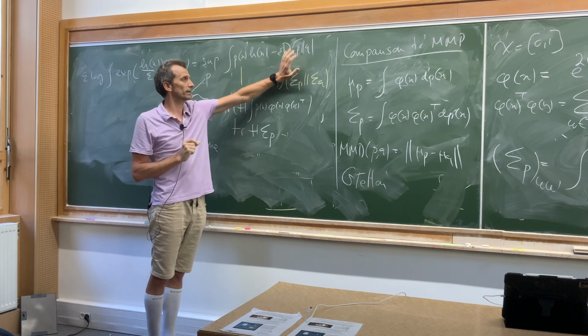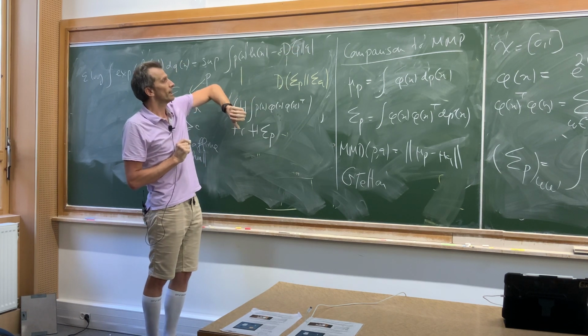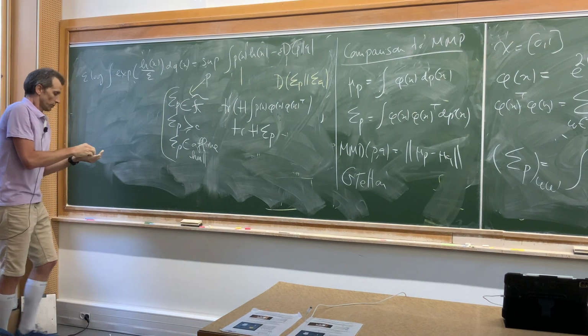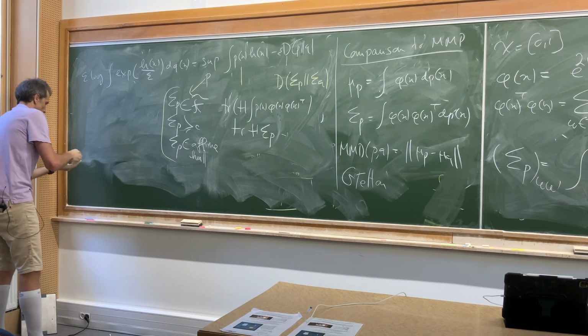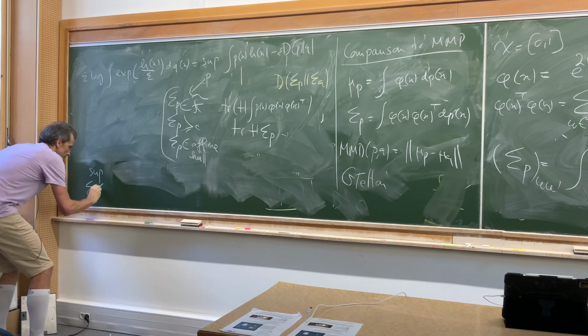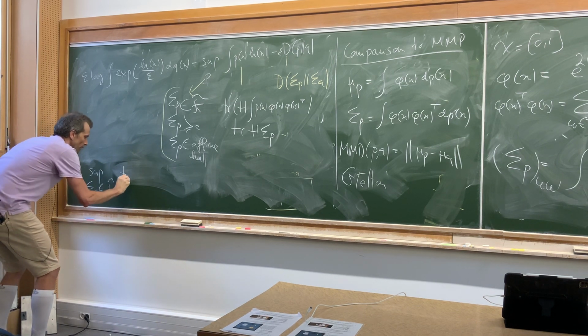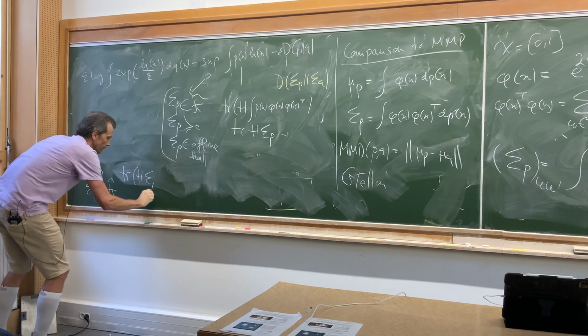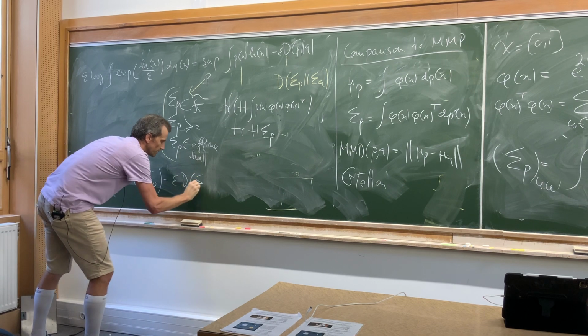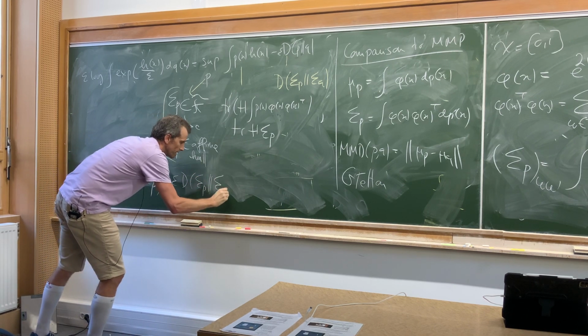What we are just changing is the fact that we add that term. So we end up with sup over sigma p in k hat of trace of h sigma p minus epsilon d of sigma p sigma q.